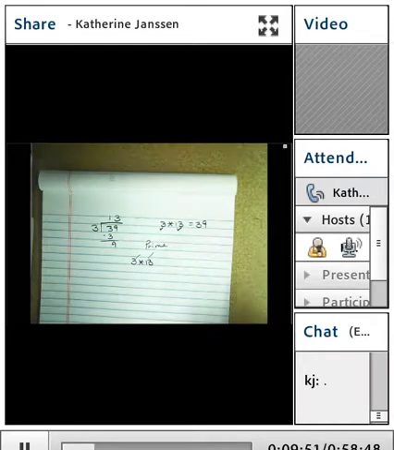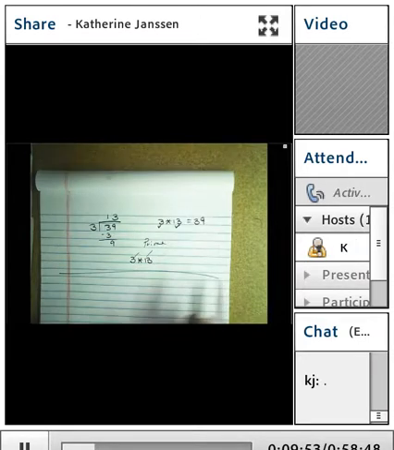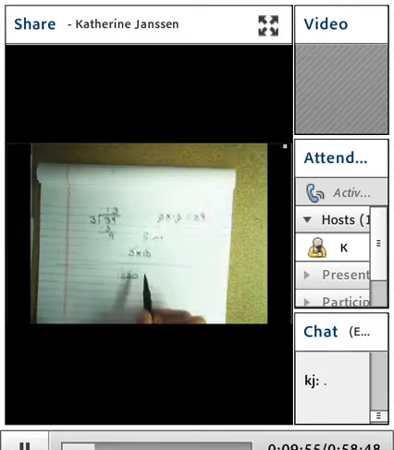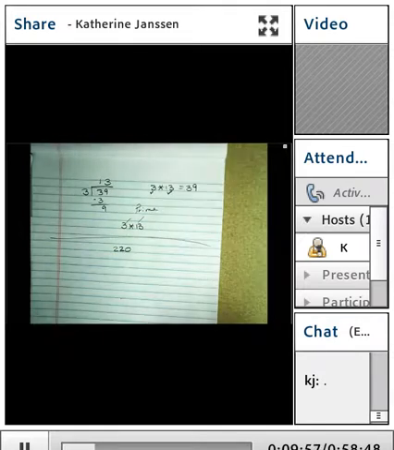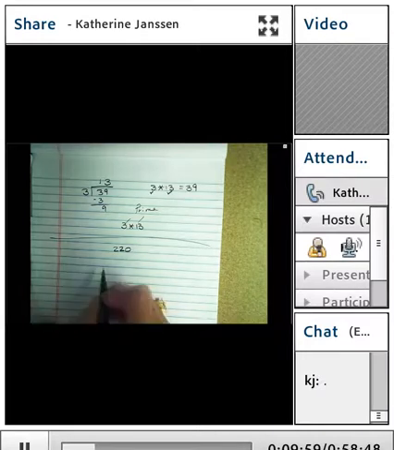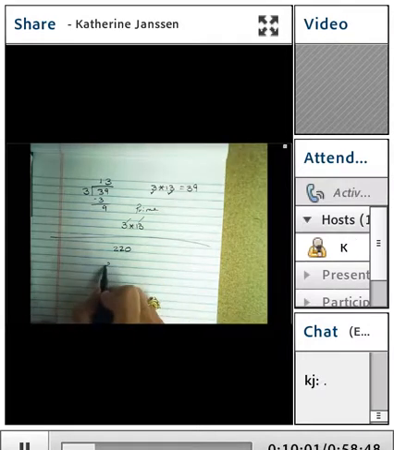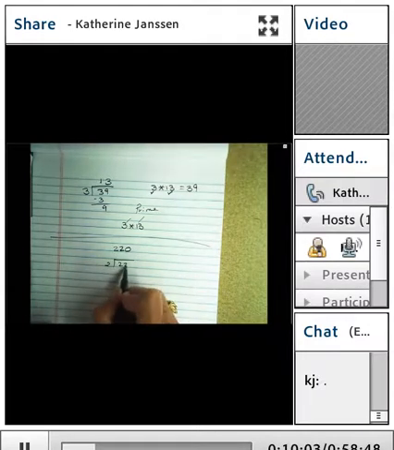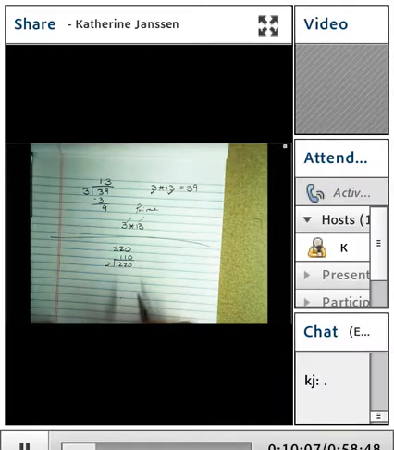We're supposed to find the prime factorization of 220. Well, a good way to start, it is even, so let's take 2 into 220. That'll be 110. 110 is still even, so let's take 2 into 110.